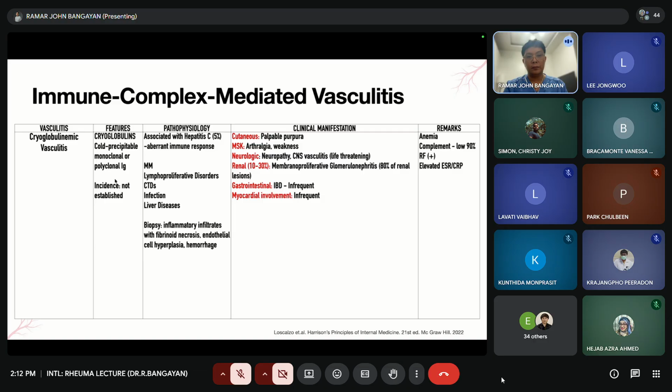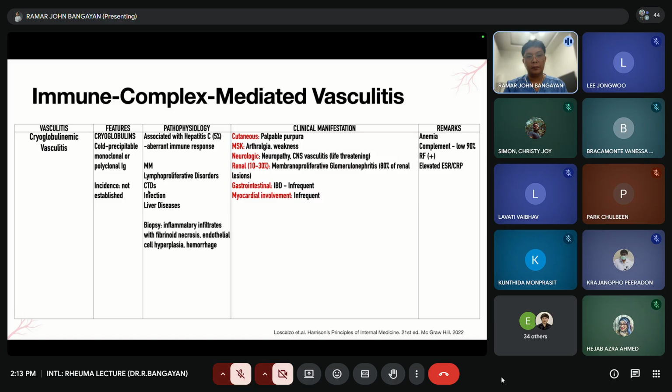The incidence is not yet established, but once you have hepatitis C, these viral elements will produce your cryoglobulins, which will now deposit in your vessels. Okay, that will cause an aberrant immune response, causing several diseases: multiple myeloma, lymphoproliferative disorders, connective tissue diseases such as vasculitis, infection, and even liver diseases.